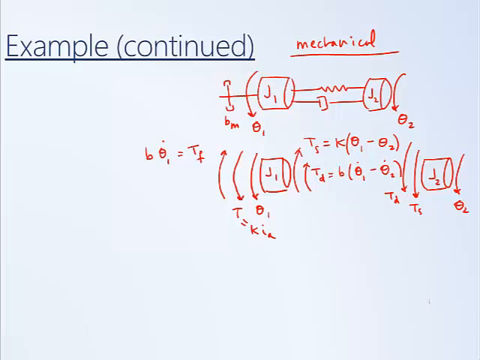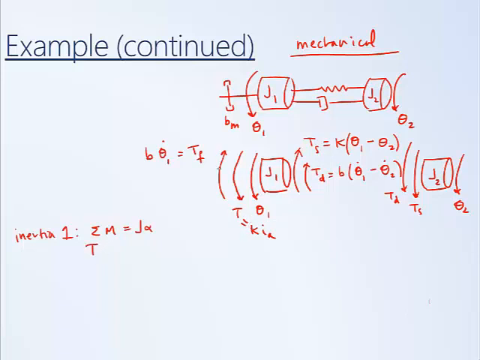Once we've drawn the free body diagrams, we can then go ahead and generate the equations of motion. So we'll do it first for inertia 1, and we will apply Newton's laws or Euler's laws, where the sum of the moments is equal to J alpha. In this case, we have torque T in the direction of positive theta 1, so it is positive.